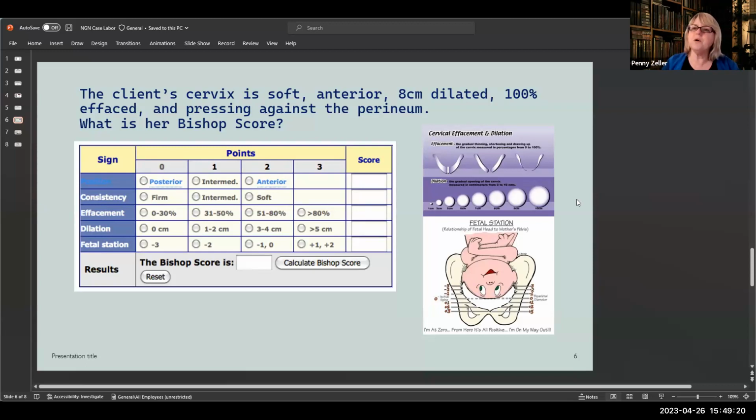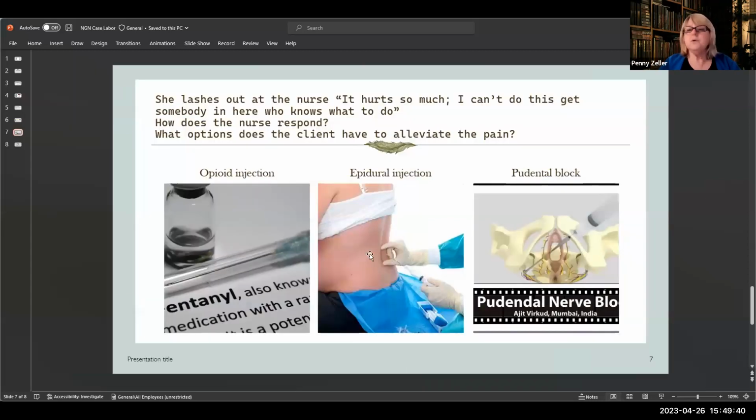And you're not going to be responsible for the medication for this exam, but later on when we talk about higher risk, we'll go into this in more detail. So as far as Bishop score, it's just the successful inducibility of labor, okay?